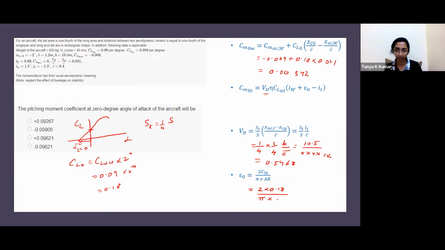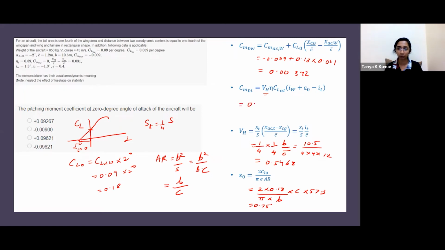Aspect ratio is B square upon S. For a rectangular wing, S is B into C, so it's B square by B into C, which is B by C. Like I told you initially, this equation is valid only if your CL naught is in per radian, so we need to multiply by 57.3. Epsilon naught is 0.75.